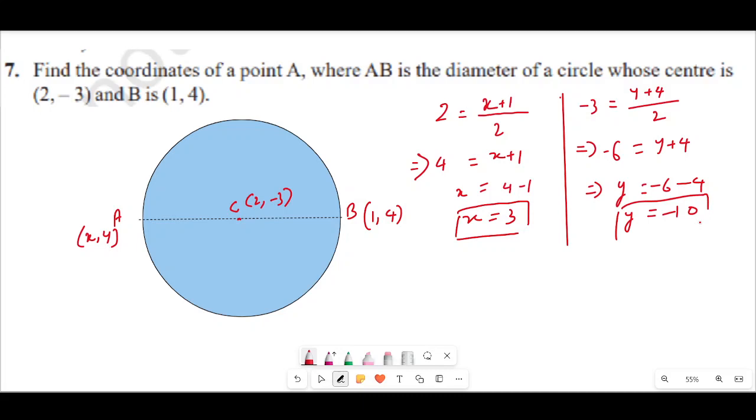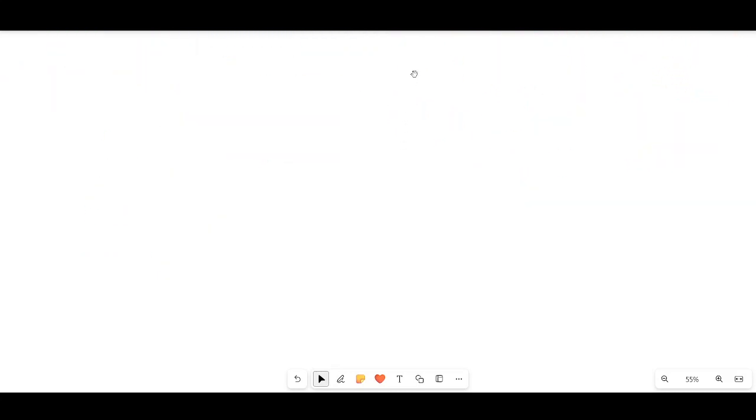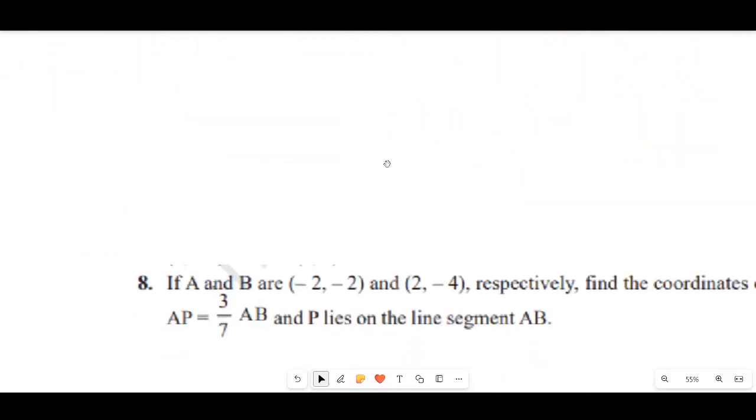So I got the information about x and y. This is the coordinate of A, which is (3, -10). That is our result.